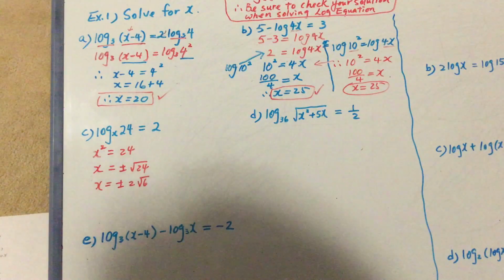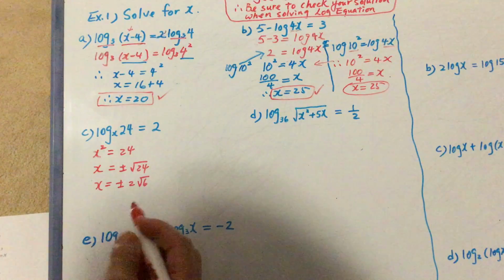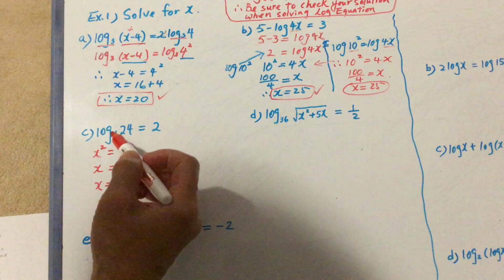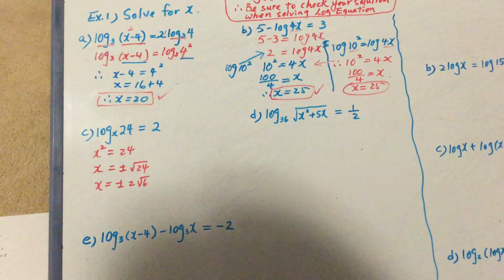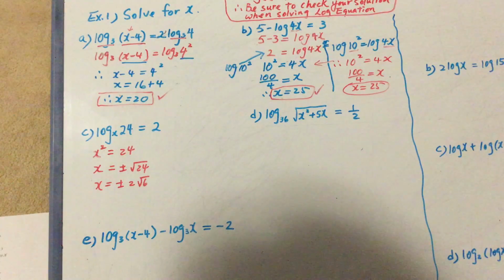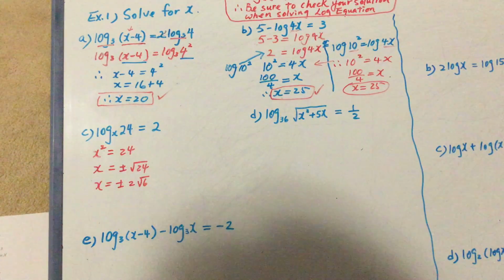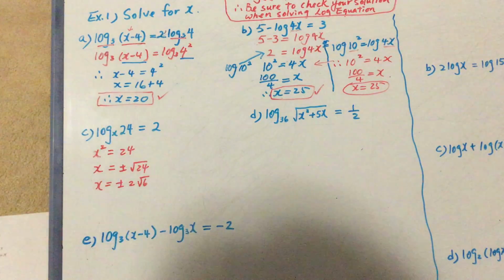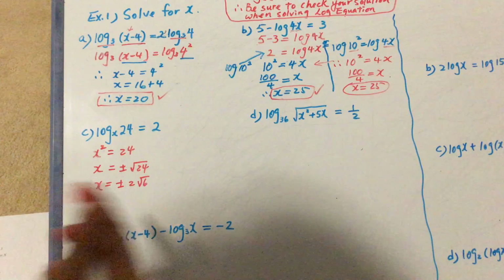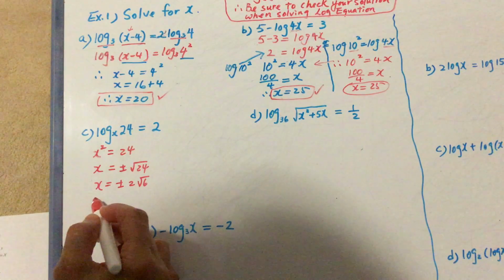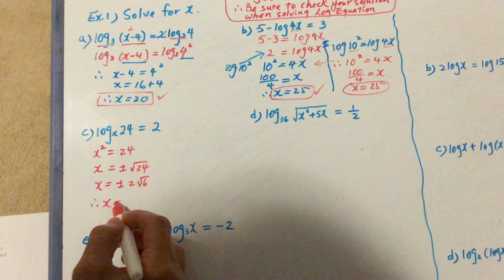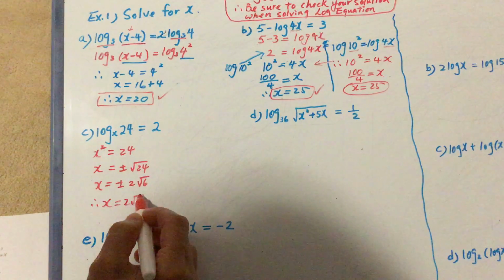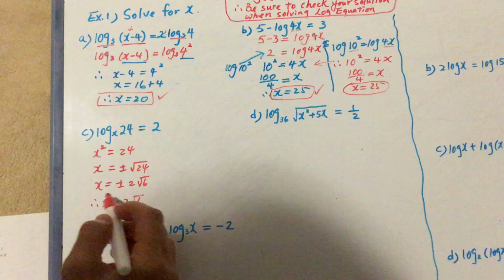4 times 6 gives you 24. Now, because x is the base, and the base has to be greater than 0, greater than 1 in fact, not just greater than 0. Any base in the exponential form has to be greater than 1. So the only valid solution will be the positive 2 root 6. We cannot take the negative 2 root 6.